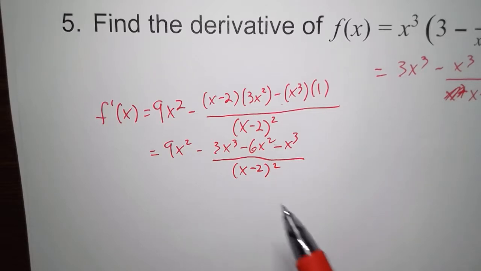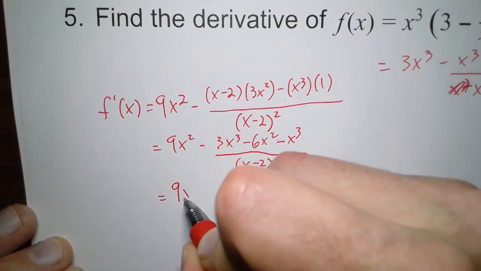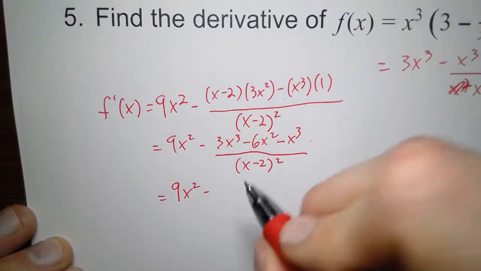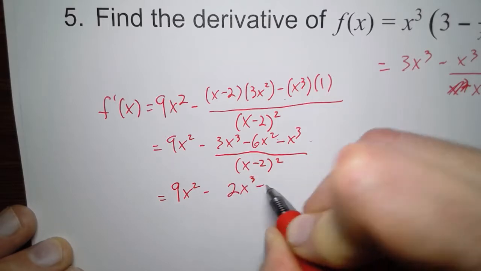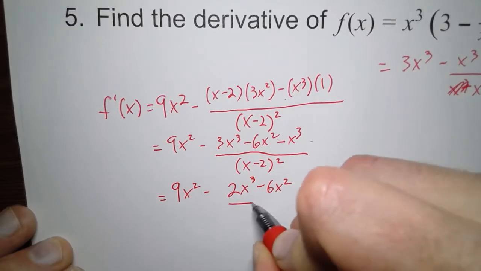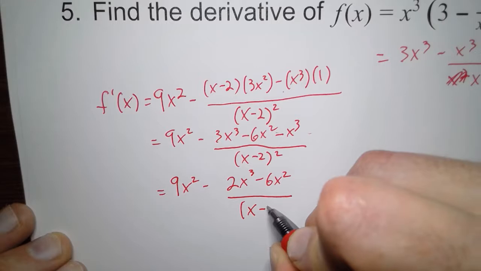Now when we combine our like terms here, we have 9x squared minus 3x cubed minus x cubed is 2x cubed minus 6x squared all over x minus 2 squared.